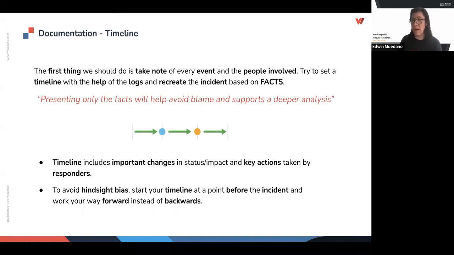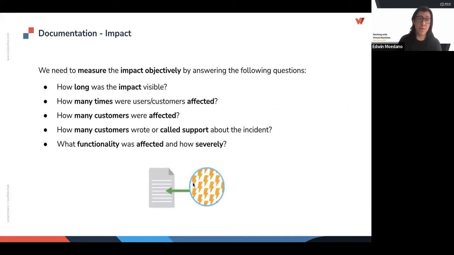Maybe you can go back 15 minutes or 30 minutes before the incident happened and look at the logs in our repository. Maybe a new release happened, maybe it was a degradation of AWS, I don't know, but you need to go before the incident. That way, you can start writing your timeline forward instead of backwards.